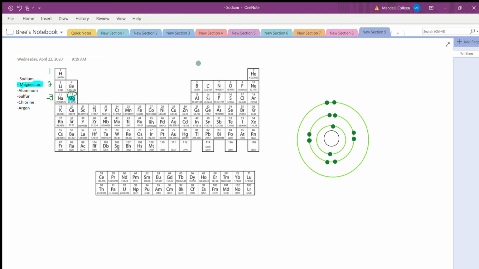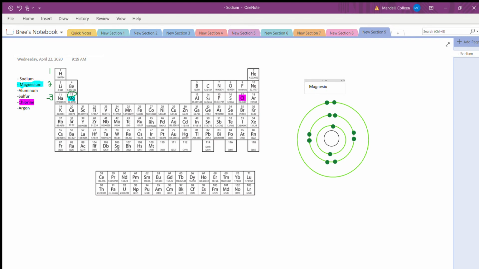Alright, let's go ahead and do one from over on this side of the periodic table. Let's see, how about chlorine? Alright, so chlorine. First step is going to be to figure out how many energy shells I have.